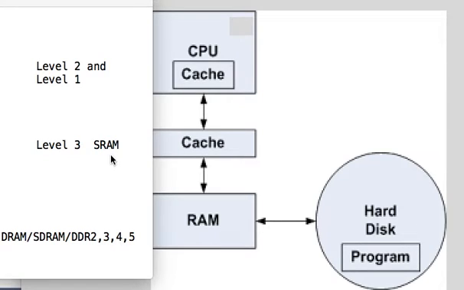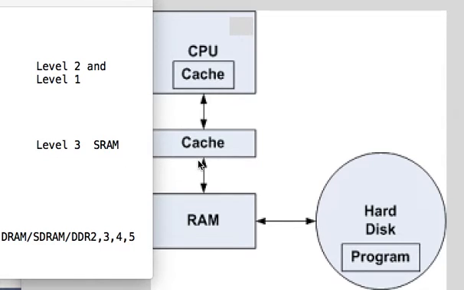Well, what's the deal with this cache? We call this cache SRAM, not to be confused with any of these terms down here. SRAM is physically much bigger than regular RAM, and it's much, much more expensive. Well, computer scientists were pretty happy with this. They called this cache level 3.